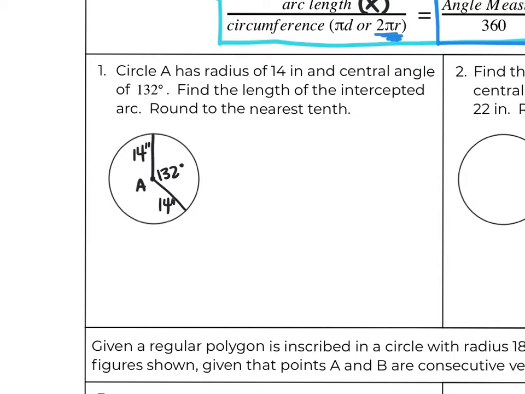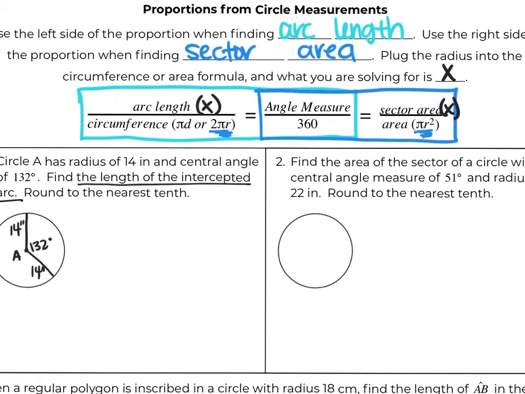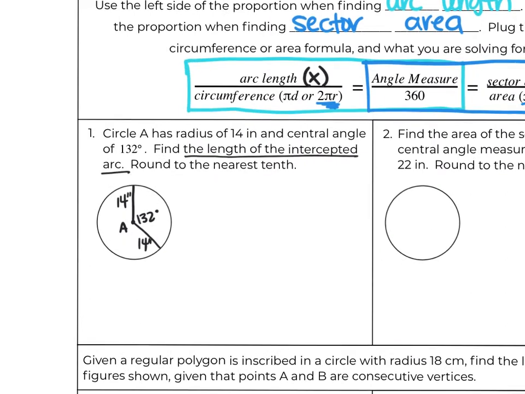Okay, I want you to think about underlining what they're asking for. So I'm finding the length of the intercepted arc. All right, well that's going to be arc length, not sector area. So I'm using this left side, or the left 2 ratios here.